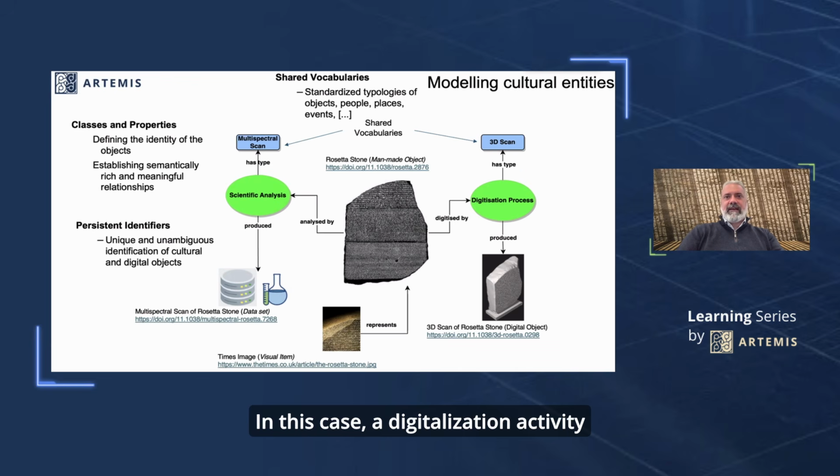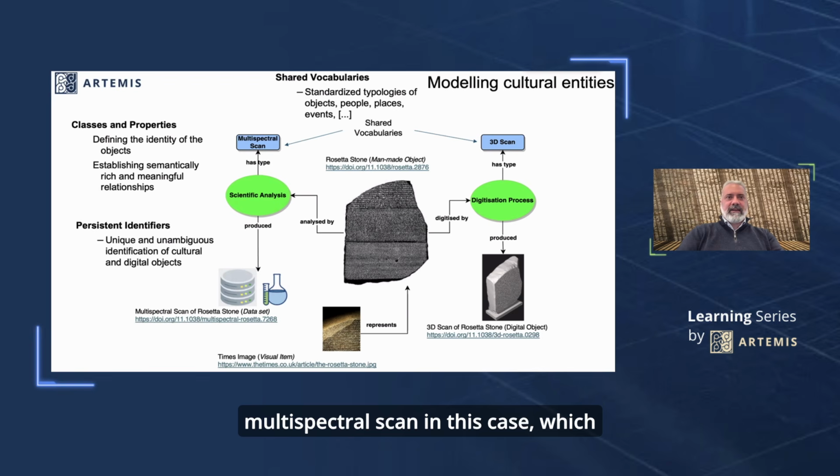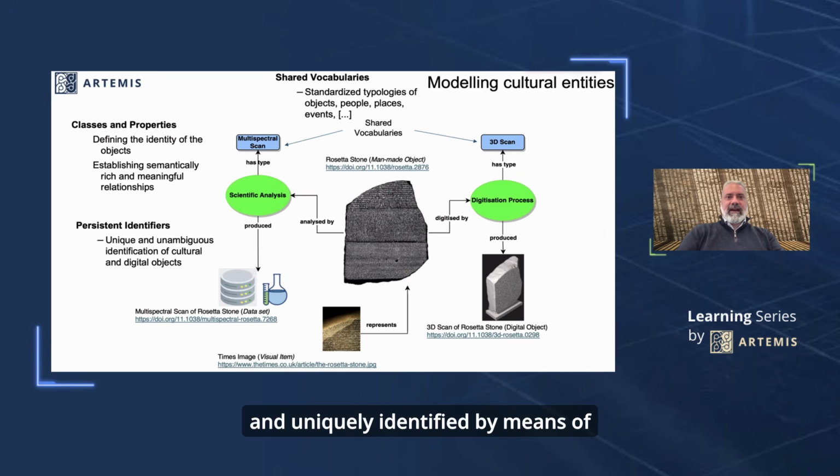In this case, a digitization activity, which created a 3D scan of it, and a scientific analysis, a multispectral scan in this case, which produced a series of information useful for the scientific study of this cultural object. Both of these activities are typologically defined by means of the shared vocabularies and uniquely identified by means of persistent identifiers.